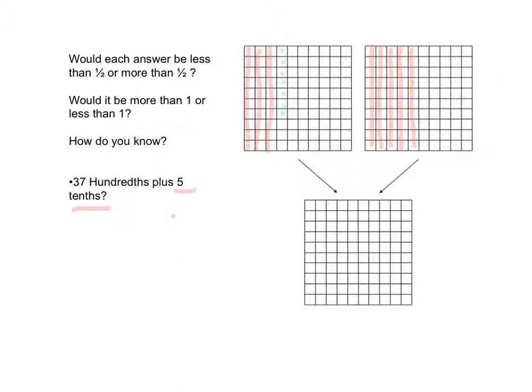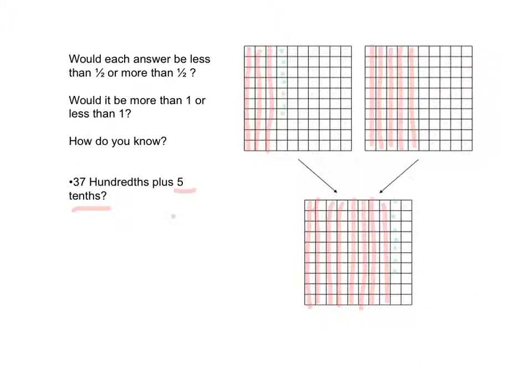So now when we look at the two of these, and we look at combining 37 hundredths plus 5/10, we're going to think about how I can model it down here. So the most efficient place to start would be by adding or modeling in our tenths. So I have 3/10 for my 37 hundredths, 5/10 from the 5/10, and then I have my 7 hundredths that I'm going to put in here as well.